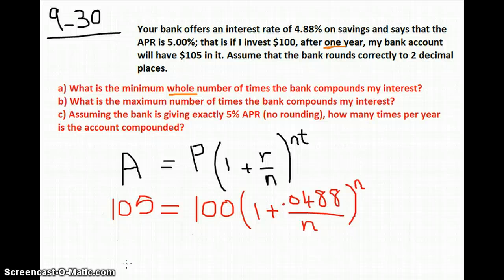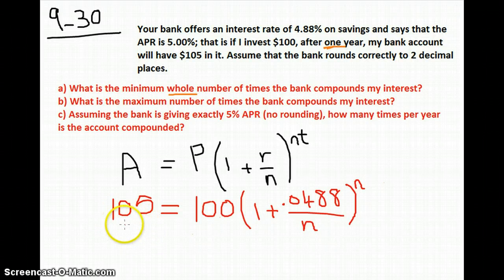Okay, so if you look at this question right here, question 8. What is the minimum whole number of times? So no decimals for n. N represents the number of times. No decimals for that. Whole numbers. So 1, 2, 3, 4, any whole number. What is the minimum n that the bank can compound?